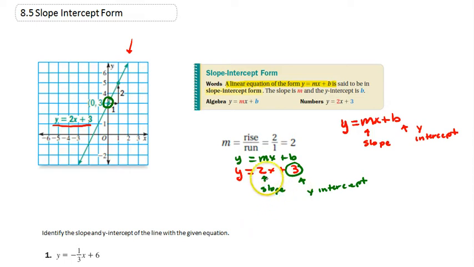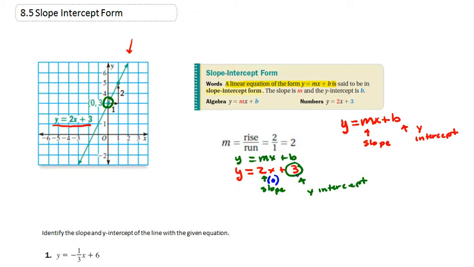Another way to look at it is to substitute 0 for x in this equation. 2 times 0 would be 0, plus 3 would make 3, so y would equal 3. So when x is 0, y is 3. So it almost always has to be that number right here, where b is. So the y-intercept is 3.